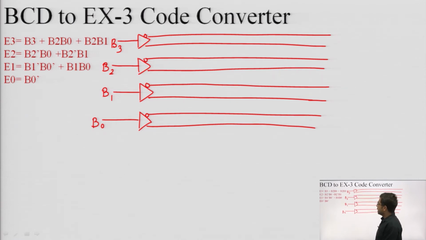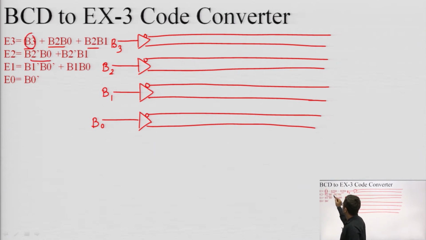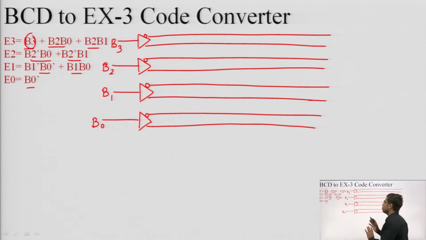Then I can check how many unique products there are. First product, 2, 3, 4, 5, 6, 7, 8, and all of them are unique, none of them is repeated. So I have to use 8 separate AND gates.